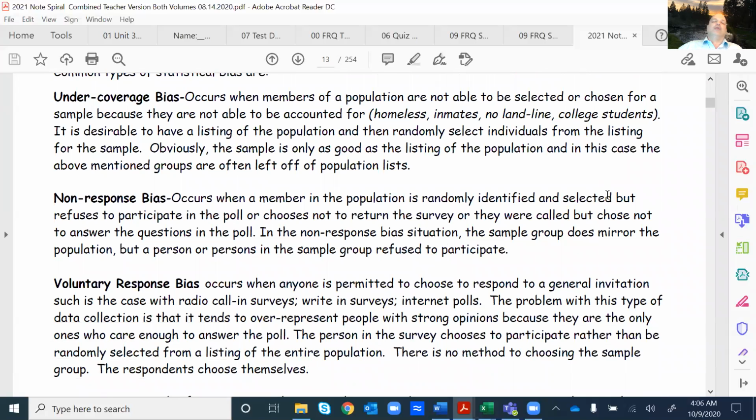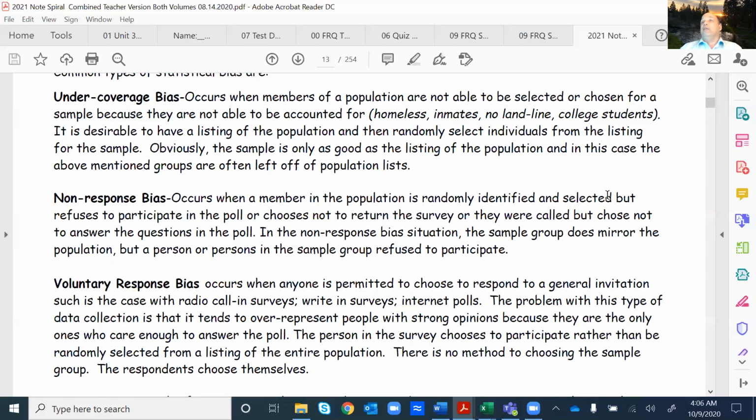Undercoverage bias occurs when we have a part of the population that the design of our study will not pick up. And I'm going to pick on the US Census for the time being. The US Census initially went out for 2020 to those through email and mail.